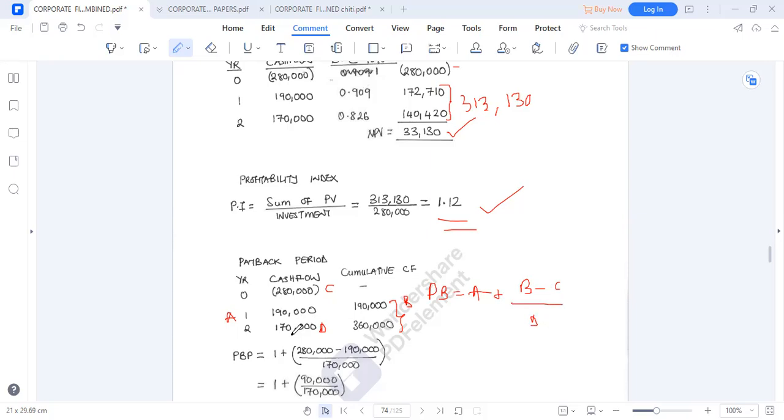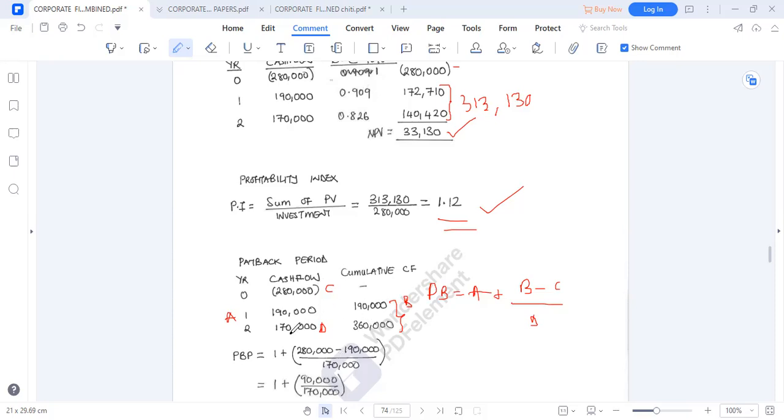Or alternatively, without even having the formula, in which period is the amount going to be paid? It's between period 1 and period 2. That is 1. We pick 1. So 1 point something. Then the 190, how much is remaining before we get our amount paid? So we have 90 to get to 280.